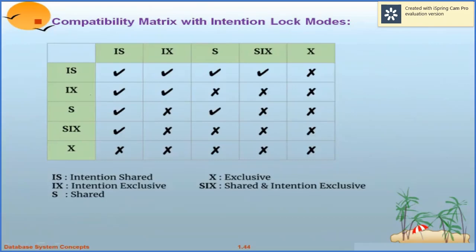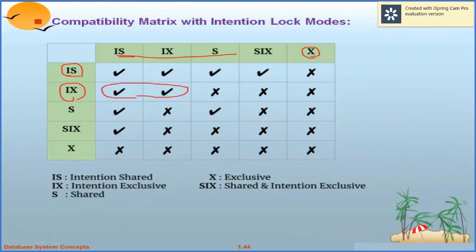So the compatibility matrix goes something like this. Intention shared lock combined with the other locks will go fine, except for shared intention exclusive lock. And for intention exclusive lock, except for shared, shared intention exclusive, and exclusive, all the remaining will go fine.